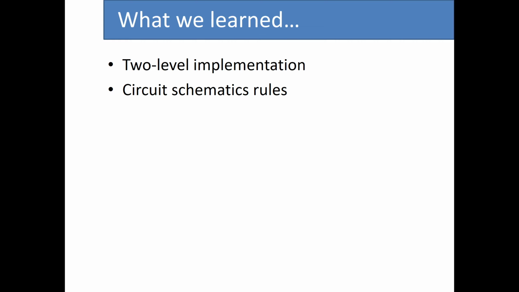A similar approach can be done for product of sum implementation. In that case, we have a few OR gates and one AND gate at the end. And then I showed you what are the basic rules for creating circuit schematics based on Boolean equations.